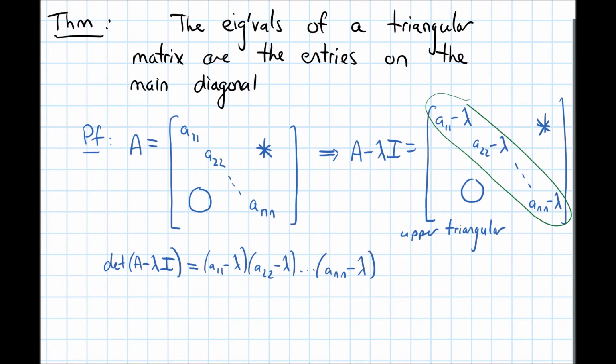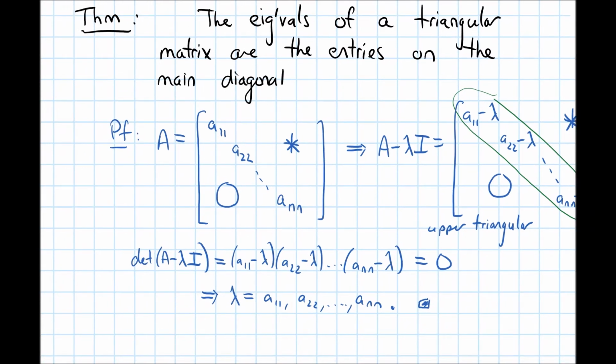I need to set this equal to 0. In doing this, we get that the possible values of lambda, the eigenvalues, are A11, A22, up until ANN. And that is what we wanted to prove. We've now shown that the eigenvalues of this matrix are the diagonal entries that we started with, A11 up until ANN.